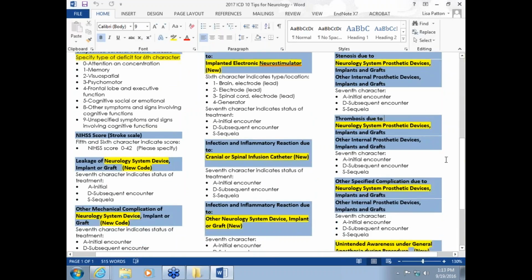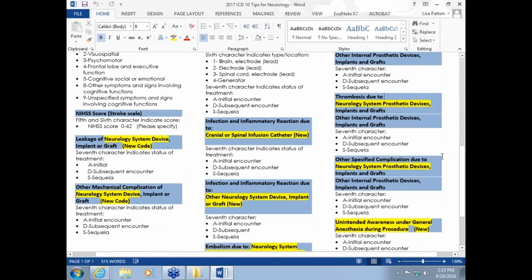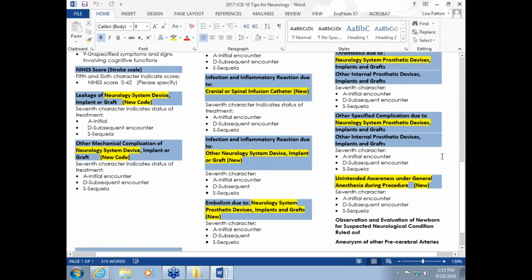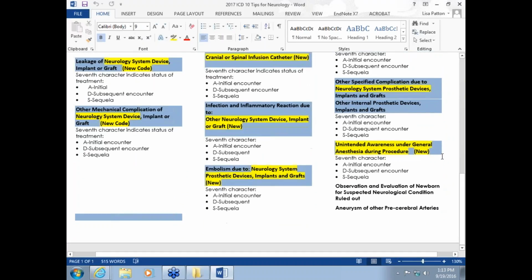Other specified complications due to neurology system prosthetic devices. Unintended awareness under general anesthesia during a procedure. That's a new code. The last two are observation and evaluation of newborn for suspected neurological conditions ruled out, and aneurysm of other pre-cerebral arteries.